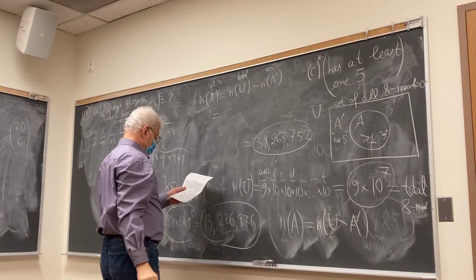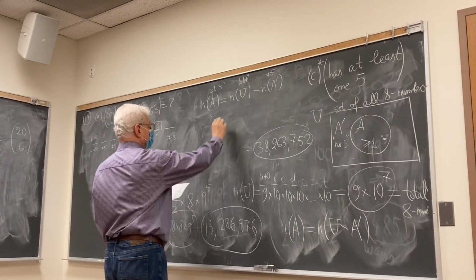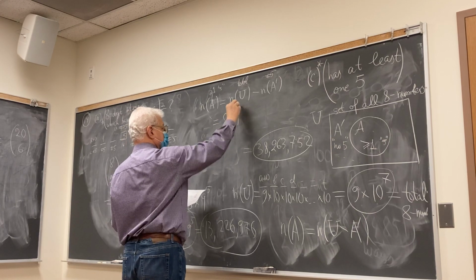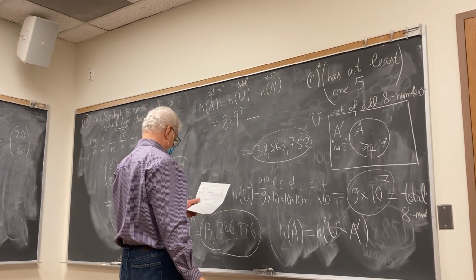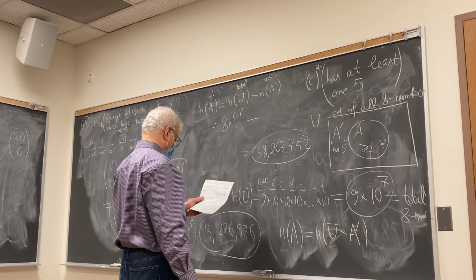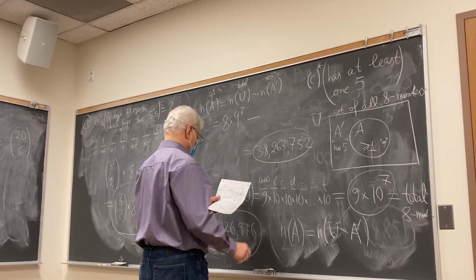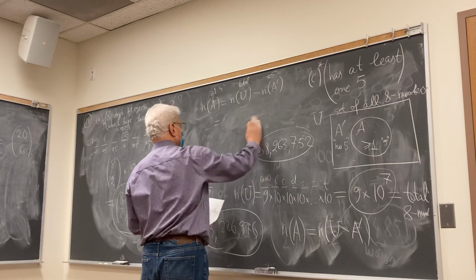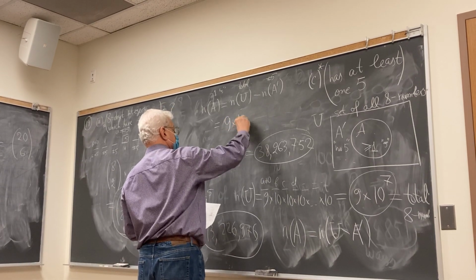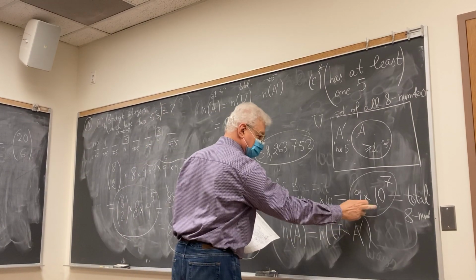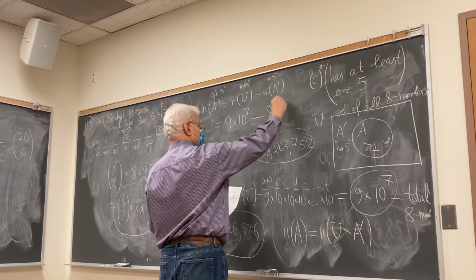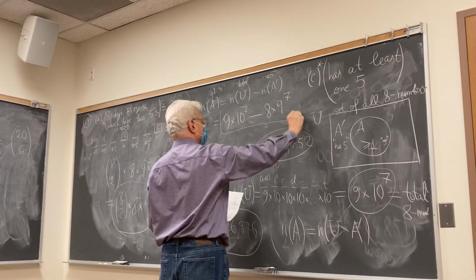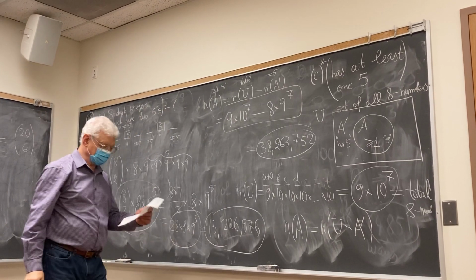So the answer is n of U, total is 9 times 10 to the 7th. That's what we found here. And now we have to subtract 8 times 9 to the 7th. That's what we have to calculate.